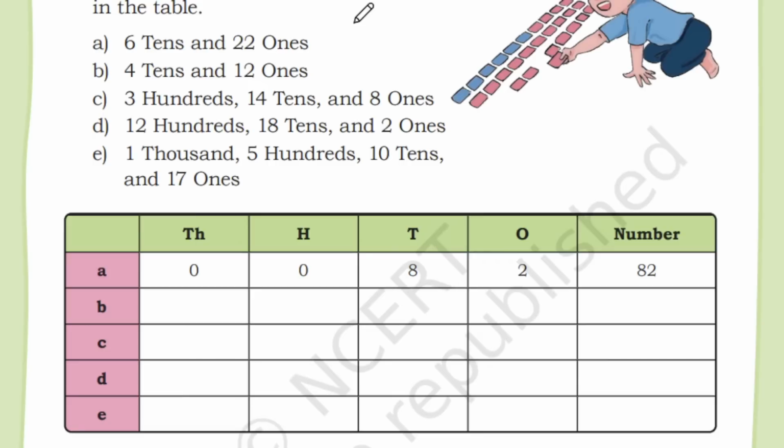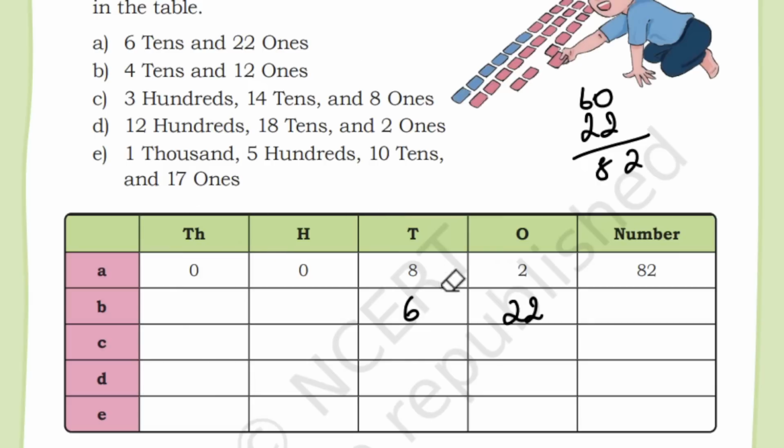So what is 6 tens and 22 ones? 6 tens is 60, and 22 ones. If you add, it's 82.